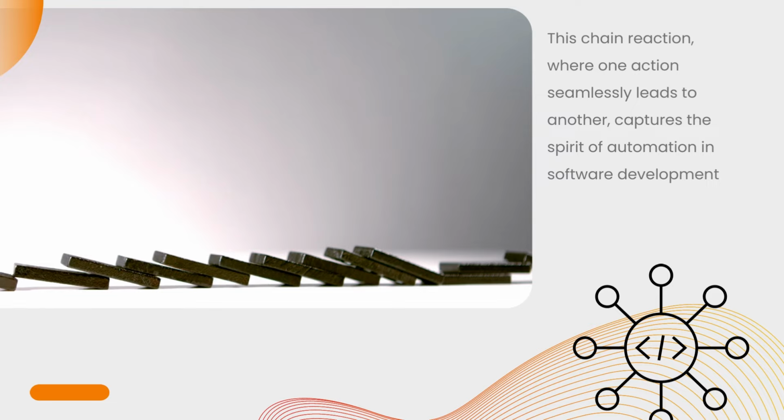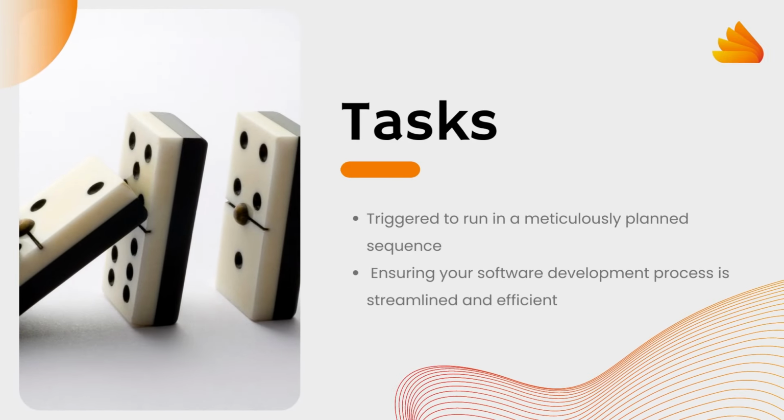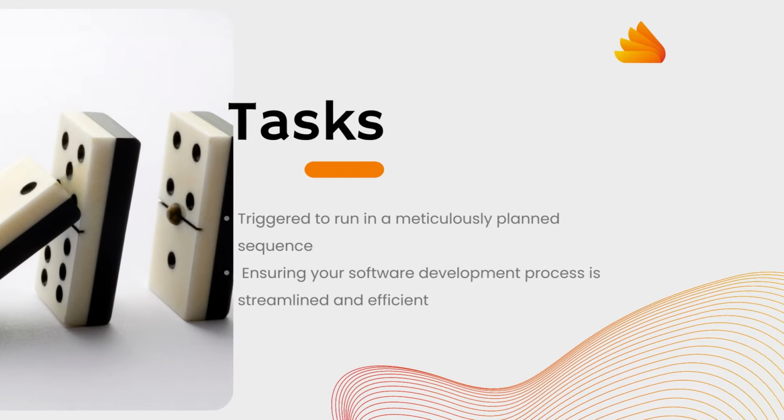Enter GitHub Actions, a pivotal innovation from the vast arsenal of GitHub. Think of it as setting up your software dominoes. With just the right configuration, these dominoes, your tasks, can be triggered to run in meticulously planned sequence, ensuring your software development process is streamlined and efficient.